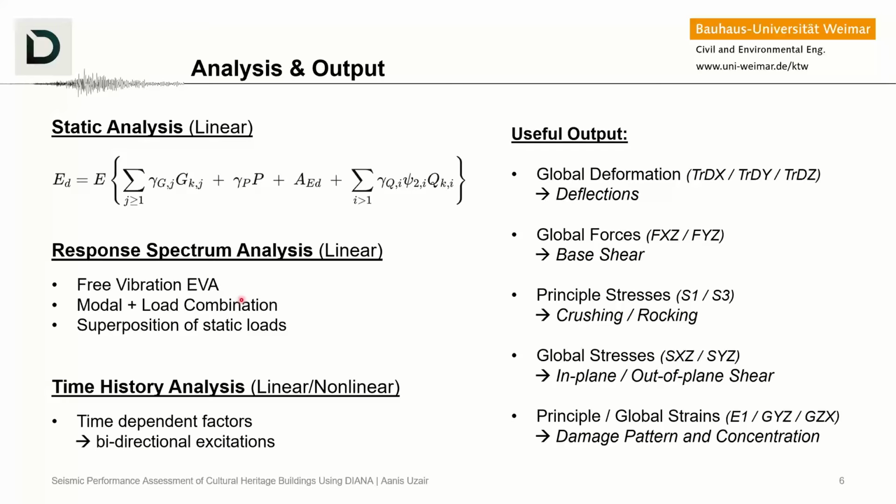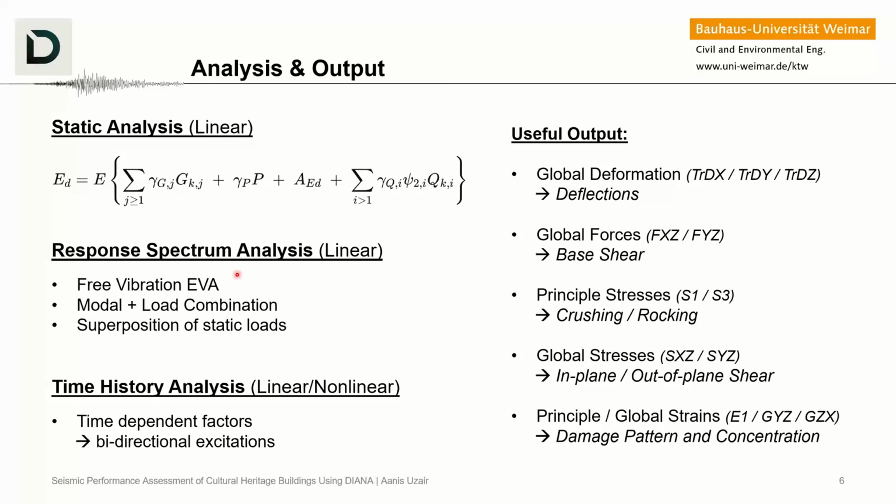We typically use the CQC, or complete quadratic combination, because we have high irregularities and the modes are typically close. SRSS, or square root sum of the squares, is not the most ideal way. And then you can superimpose these results with static load combinations later on in the output of the response spectrum analysis.